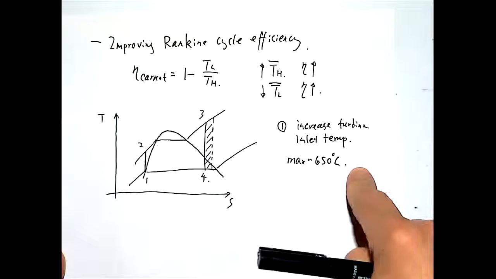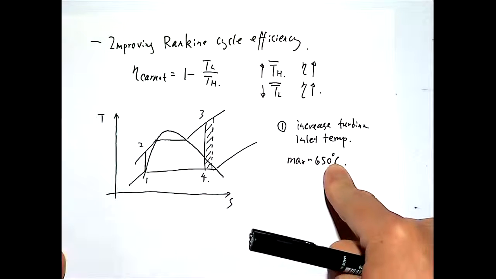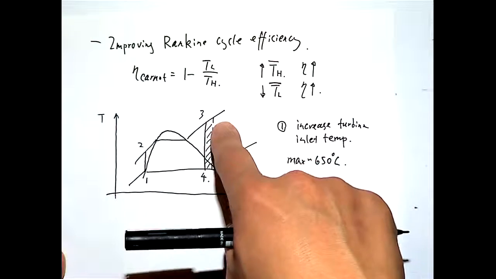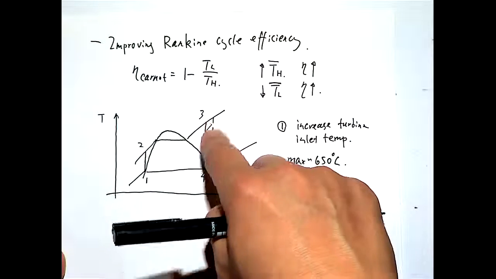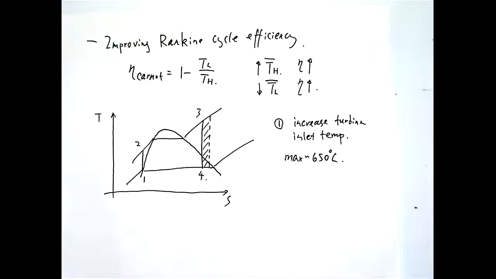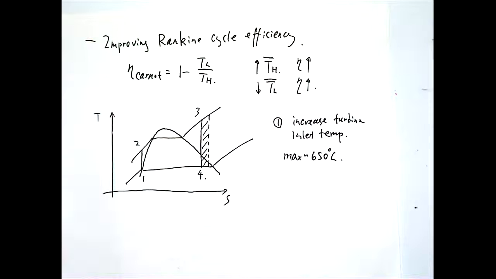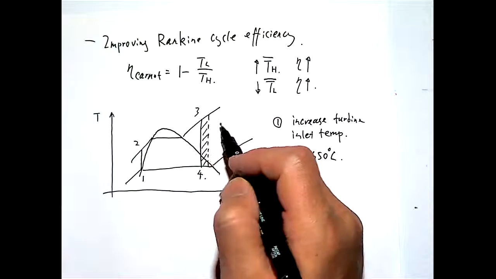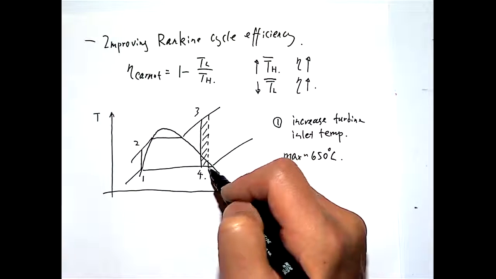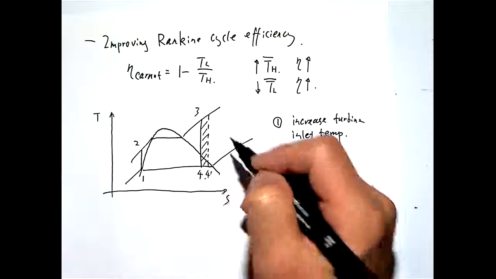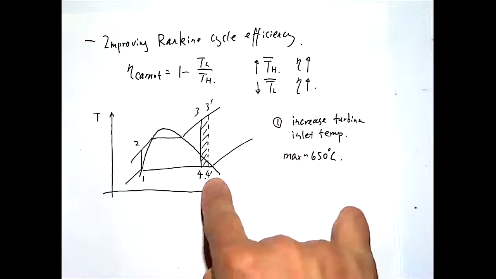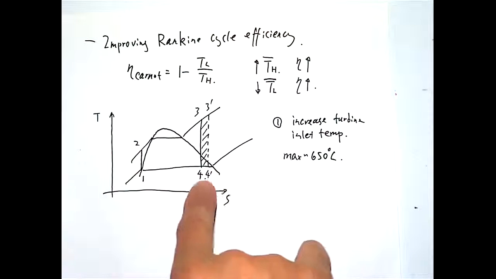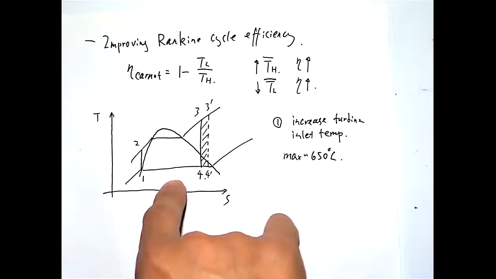One thing we notice is any time that you can increase the turbine inlet temperature, that's something useful in terms of helping the turbine to work. That's related to when you shift this line to the right. This state 4, if I have a prime there, the state 4 prime will have steam with a lower or higher quality compared to the state 4 without prime?